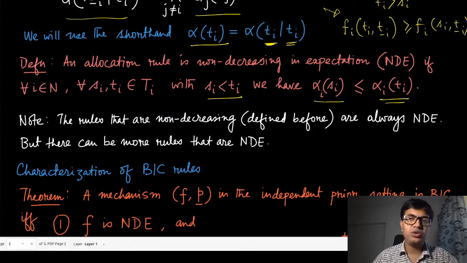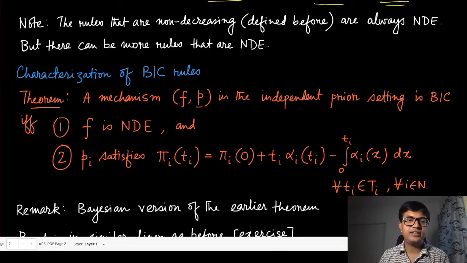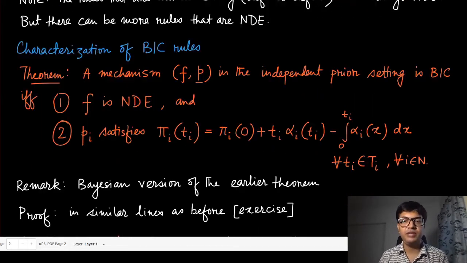But now we can possibly have more rules, and we'll see examples of that, more rules that are non-decreasing in expectation, and that opens up many other mechanisms with which we can try to maximize our revenue.